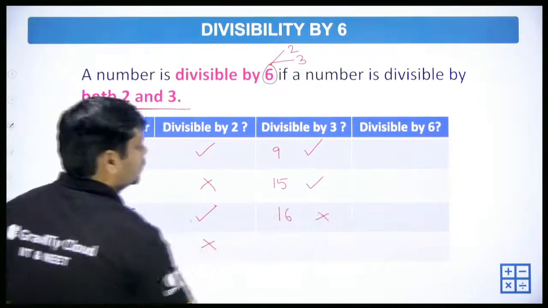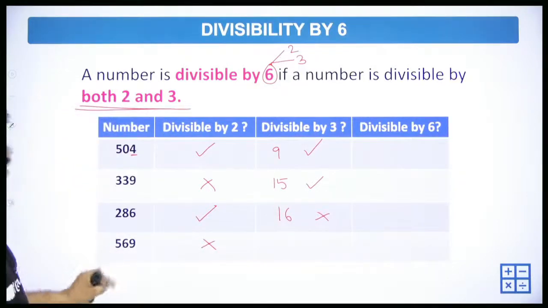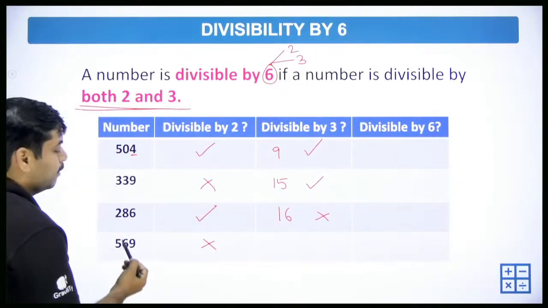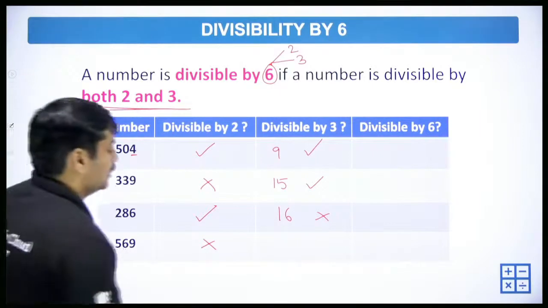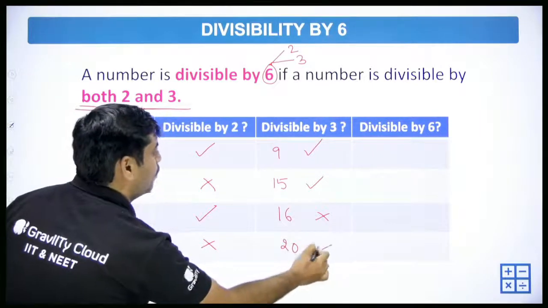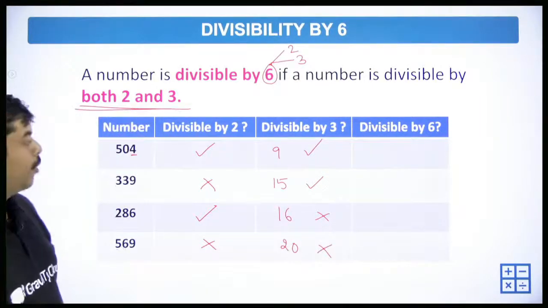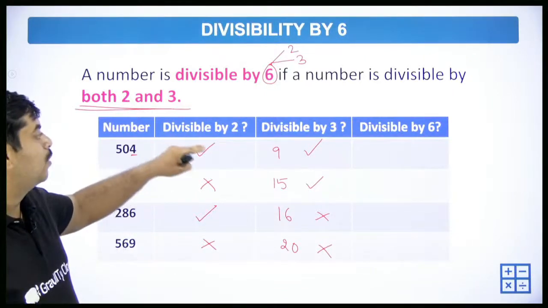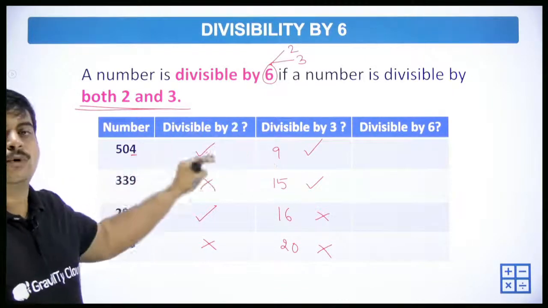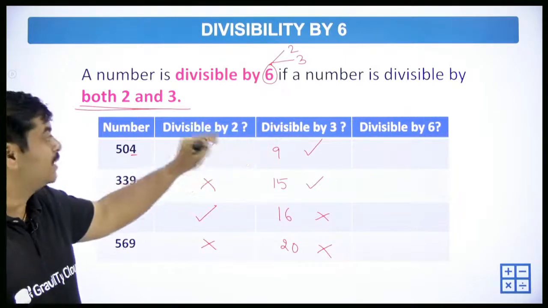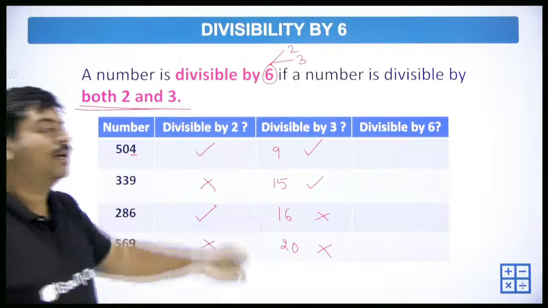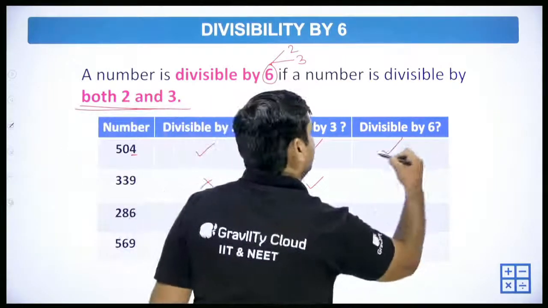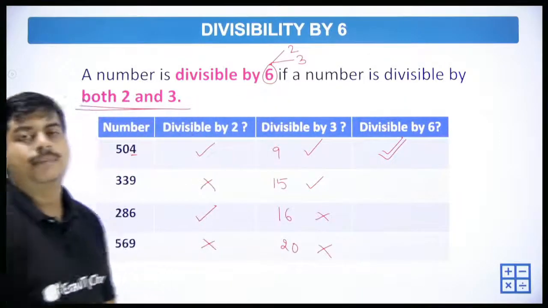It is not divisible by 3. And 569: 6 plus 5 is 11, 11 plus 9 is 20. This is also not divisible by 3. So the point here is 504, when we check by 2 and 3, both are true, so it is divisible by 2 as well as 3. It is completely divisible by 6.